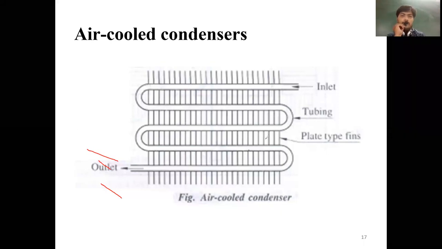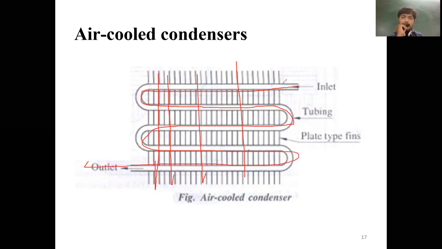First one is an air-cooled condenser. Here, the fins are like this, and these are our pipes or tubes. The hot refrigerant vapor is enclosed inside the tubes, and the air is passed over the fins.